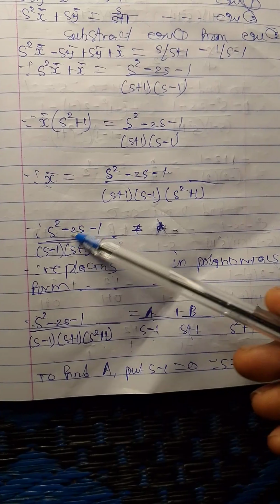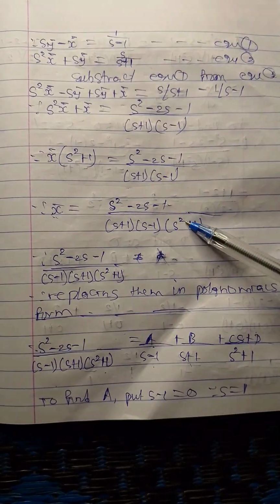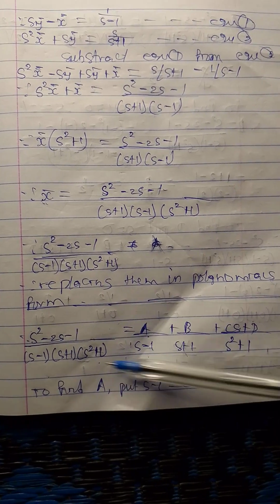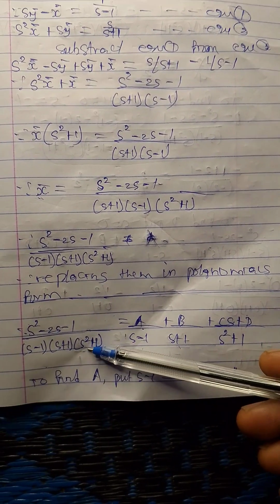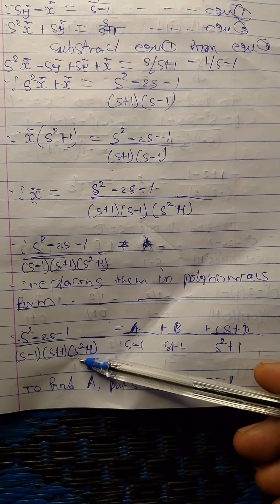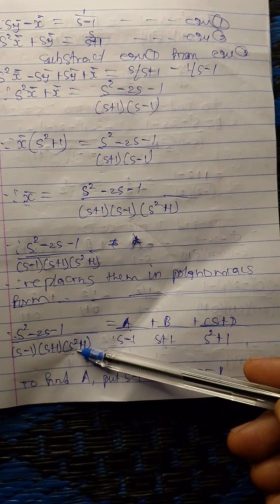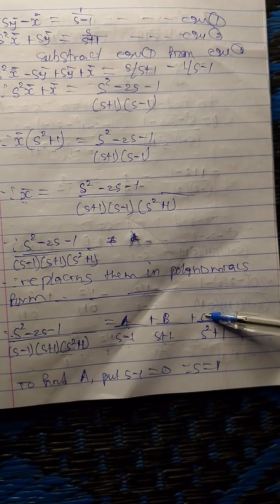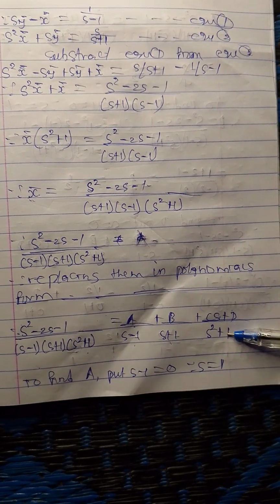The smallest is x minus 1, followed by x plus 1, then the highest is this. So that becomes a over x minus 1 plus b over x plus 1, and the last one has the quadratic power, x squared plus 1, as the denominator. So I'll have two constants here, c and d: cx plus d over x squared plus 1.